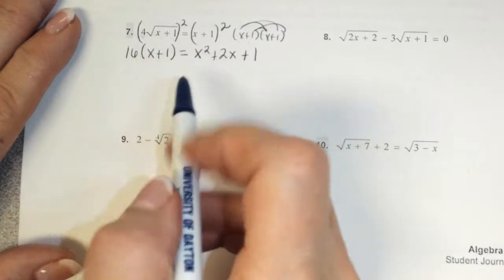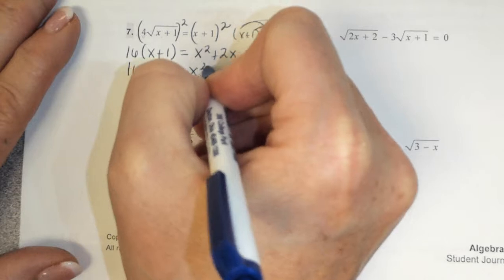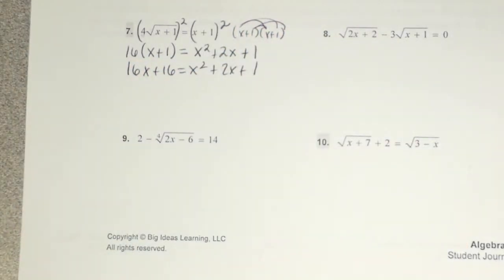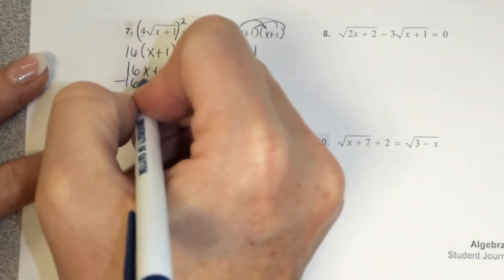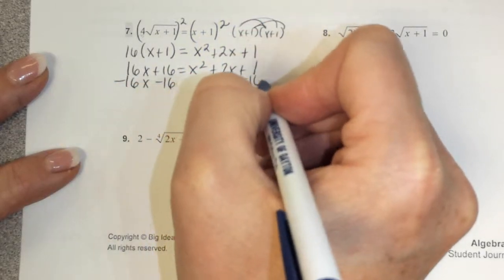So now we want to go ahead and distribute the 16. Kat, what do I want to get it set equal to solve a quadratic? Yep, get it set equal to 0. So do this and this.